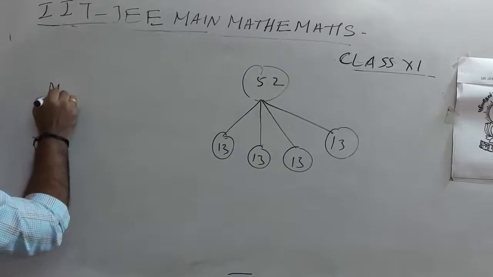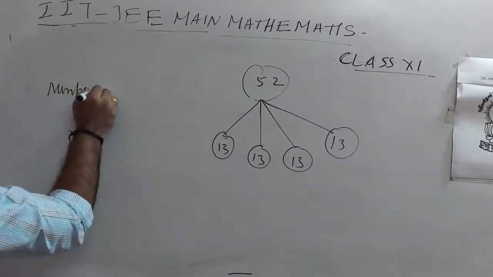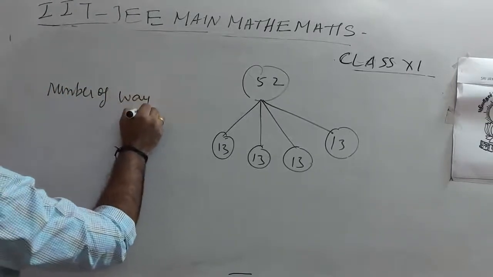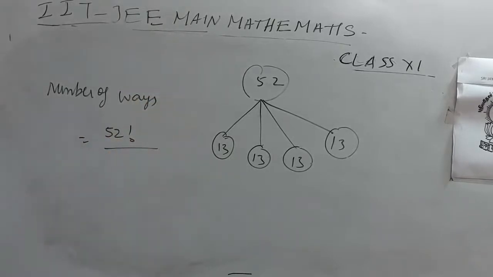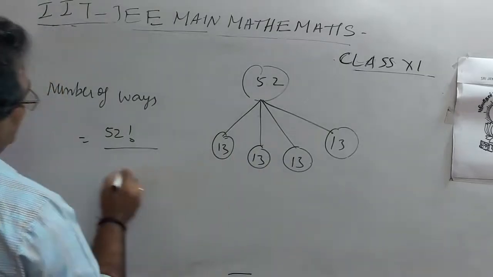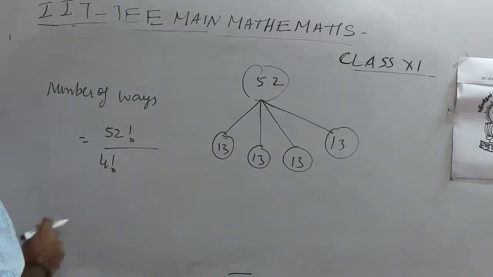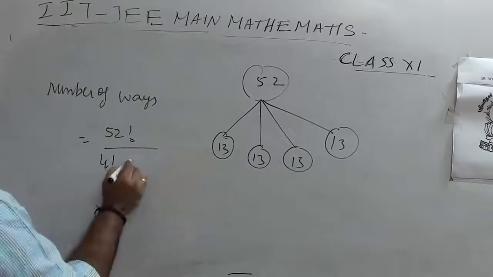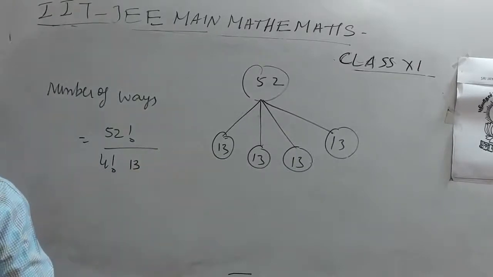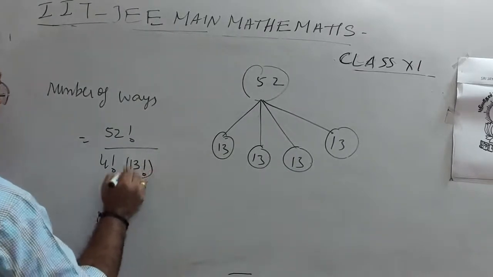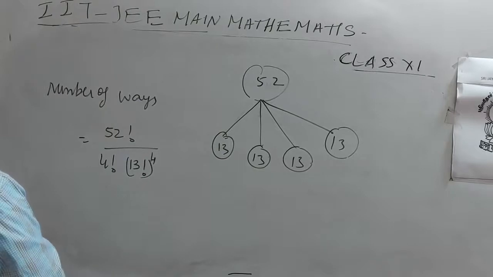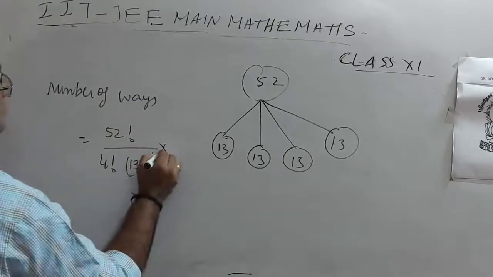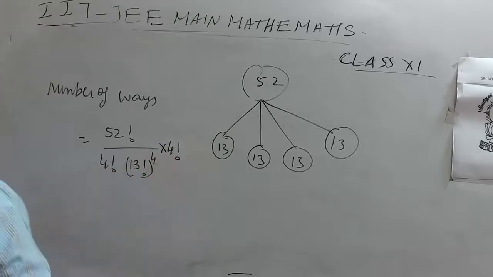Number of ways equal to: total we have 52, that is 52 factorial, by 4 players 1 2 3 4, that is 4 factorial. Each player will have 13 cards, that is 13 factorial power 4, into 4 factorial.